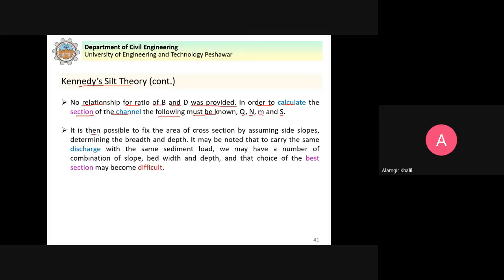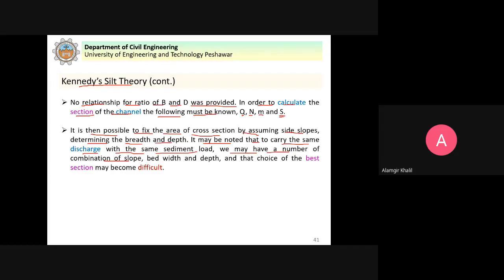So it is then possible to fix the area of cross section by assuming side slopes. Side slope we will assume for the cross section, determining the breadth and the depth. It may be noted that to carry the same discharge with the same sediment load, we may have a number of combination of slope. So you see the slope here is assumed.